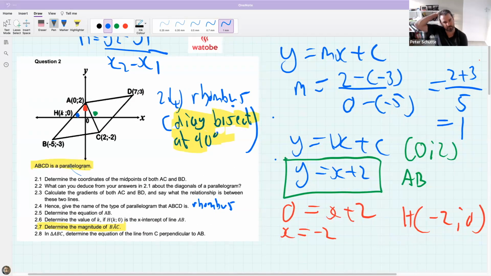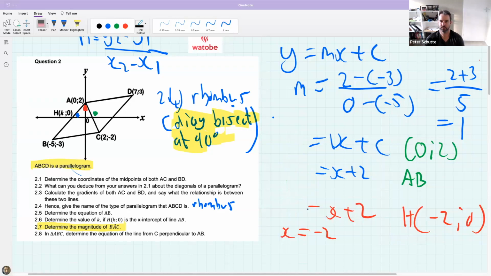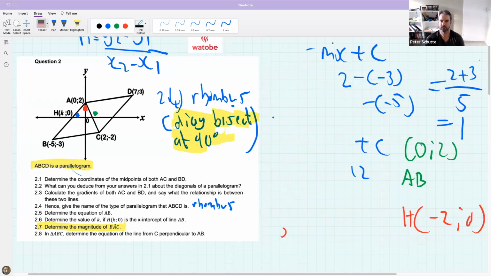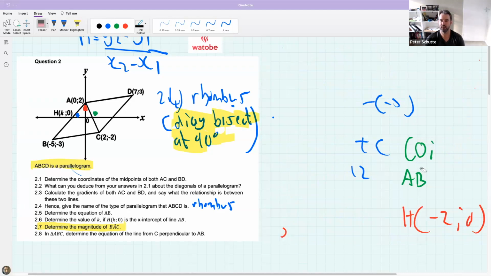Who can remember from their geometry? Exterior angle equals the sum of the interior opposites.